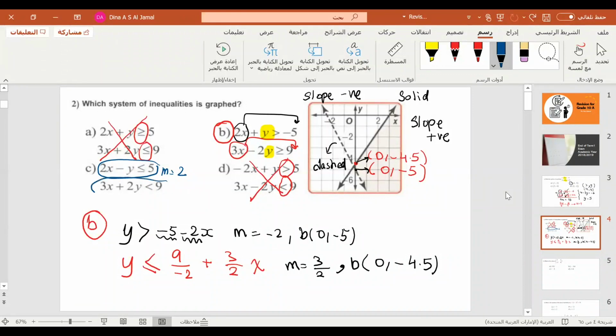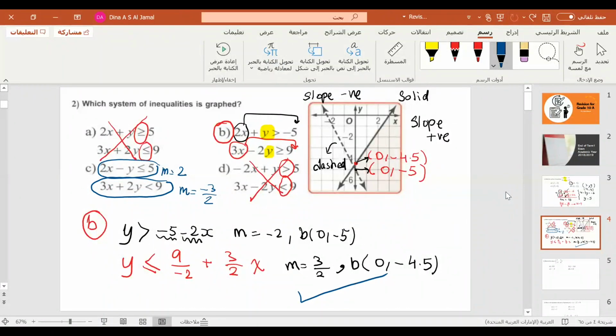Then here you will have a negative slope, which is the opposite, -3/2, which is not satisfying what we need. So the answer is B.